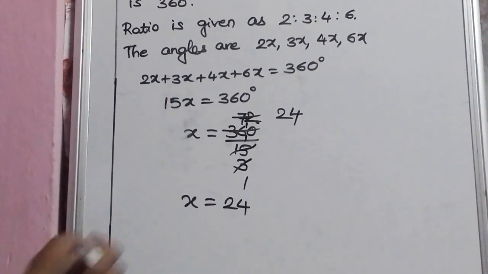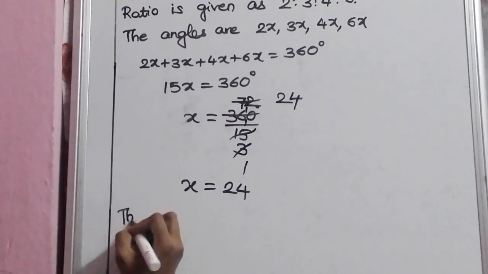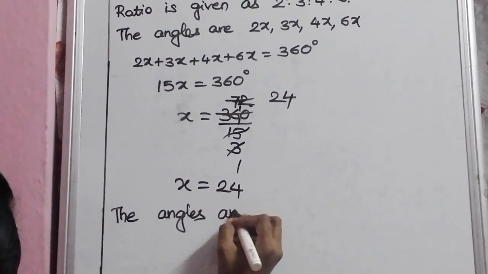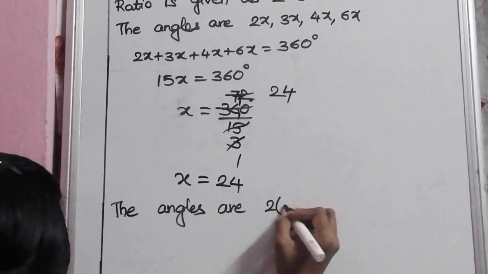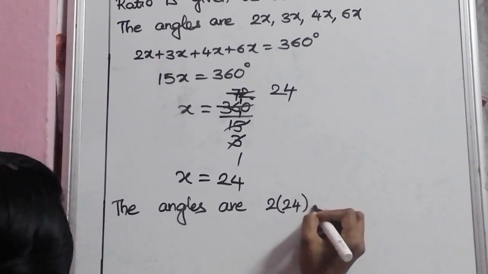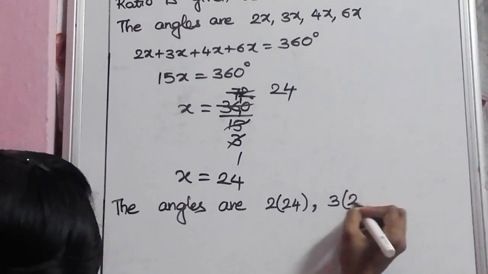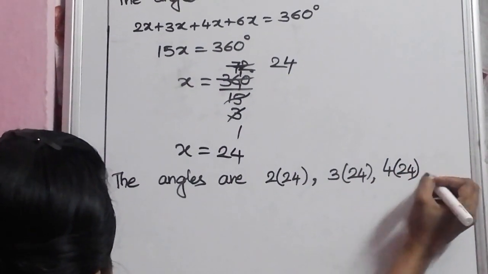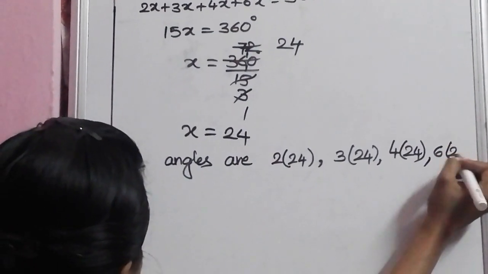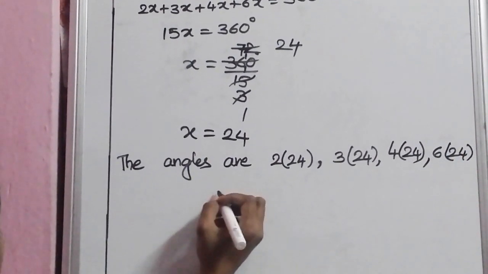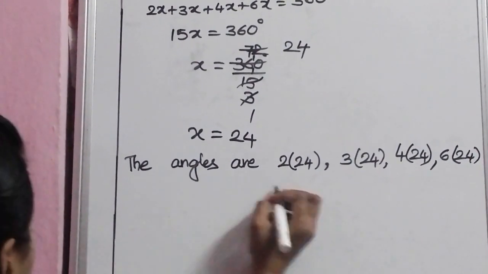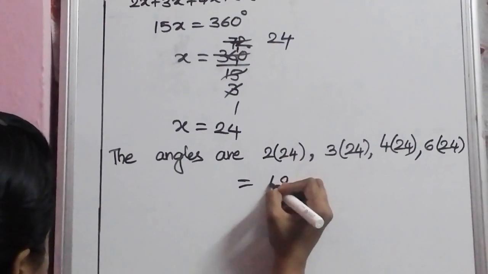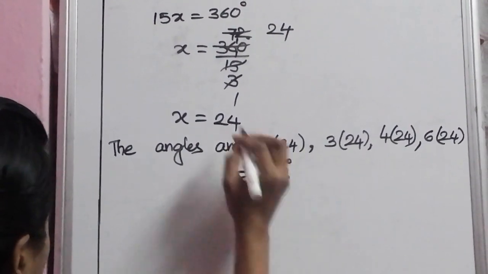So now let us write the angles. The angles are 2x, x is 24, 3x, 4x and 6x. So now let us multiply and write the answers. This is equal to 2 4s are 8, 2 2s are 4, that is 48 degrees.